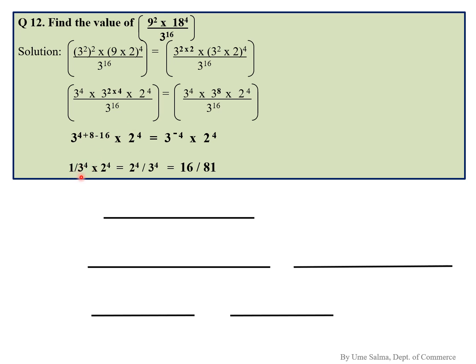Now this can also be written as 2 to the power 4 divided by 3 to the power 4, because 3 here is in the denominator. Now 4 and 4 are common exponents, so you can further write it as 2 to the power 4, which is nothing but 16, and 3 to the power 4 is 81. So 16 by 81 is your final answer.